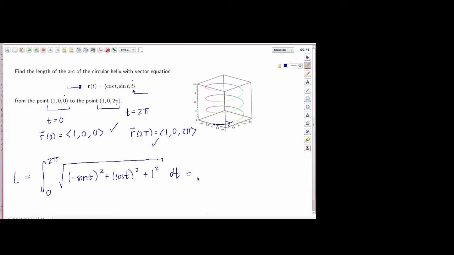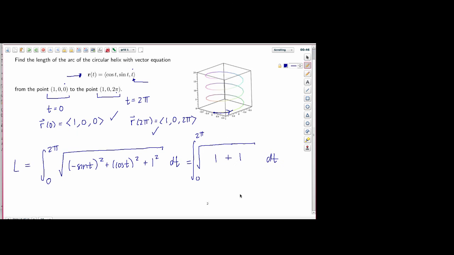So this gives me the integral from 0 to 2 pi of the square root. Sine squared plus cosine squared is 1, so I just get 1 plus 1 dt. So I get integral 0 to 2 pi root 2 dt.